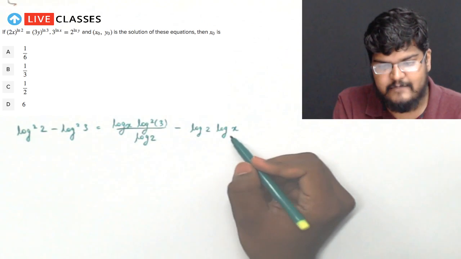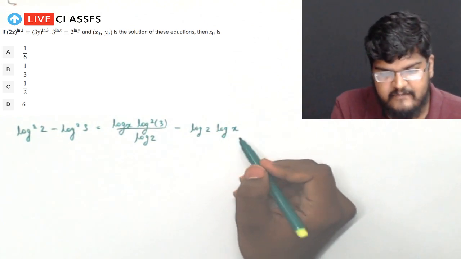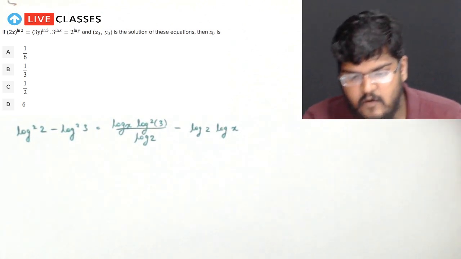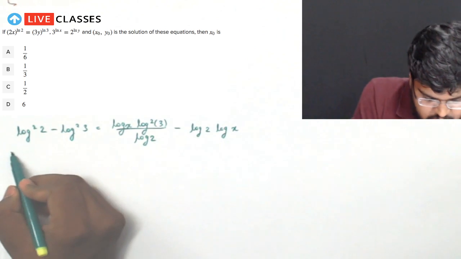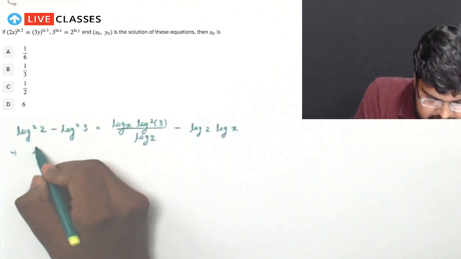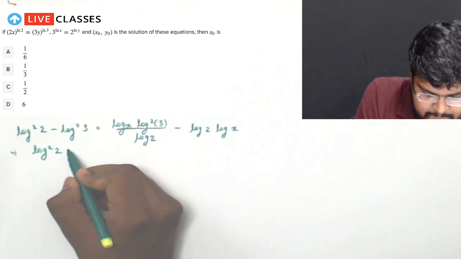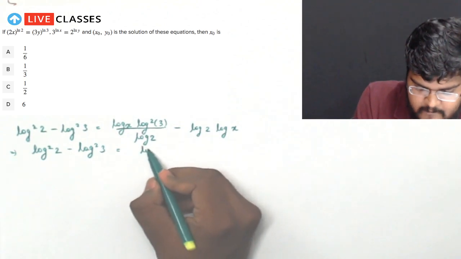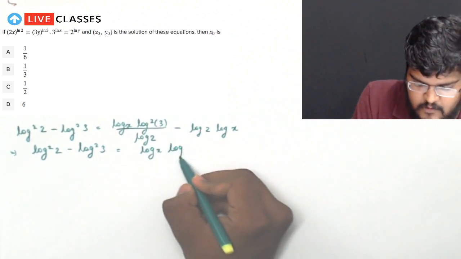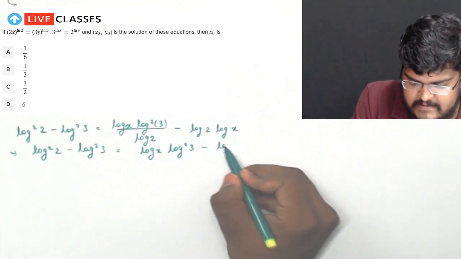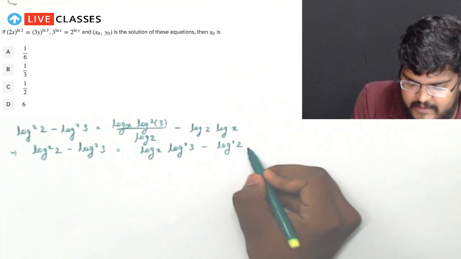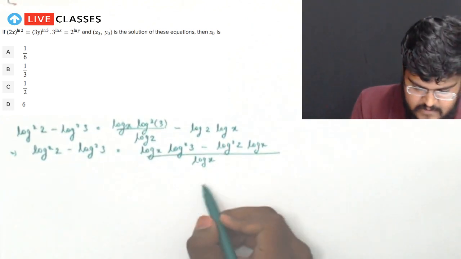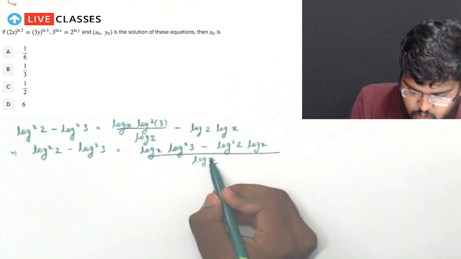So now guys, this equation has come to a very sensitive point where we have to make sure that we are not making any kind of mistake in simplifying it. All we have to do is make sure that the values are converted in this form again. So log square 2 minus log square 3 will be equal to log x times log square 3 minus log square 2 times log x upon log 2.